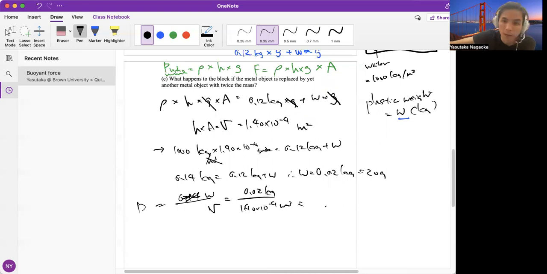If you use a calculator to calculate this, you can get 142.9 kilogram per meter cubic. So this is the answer.